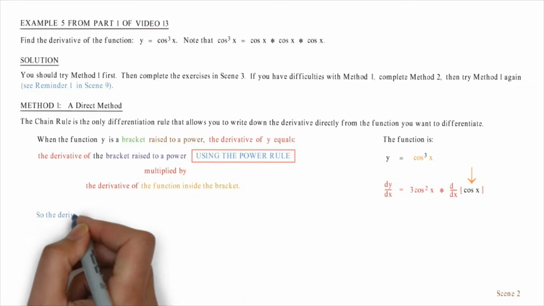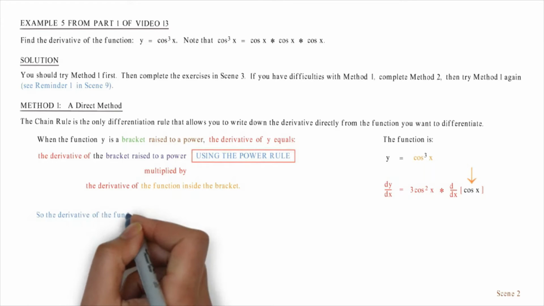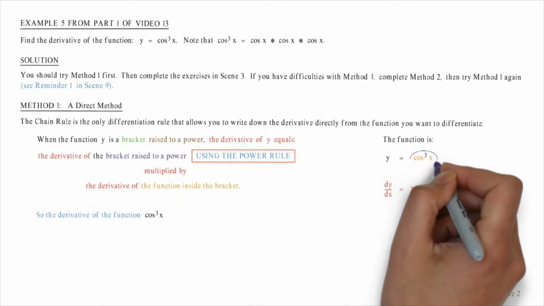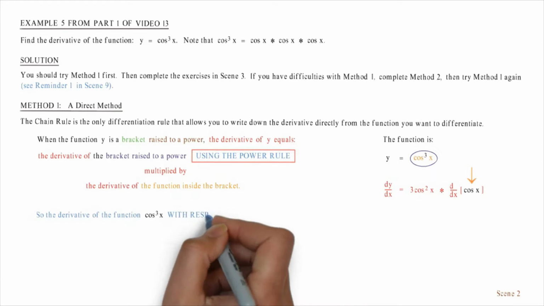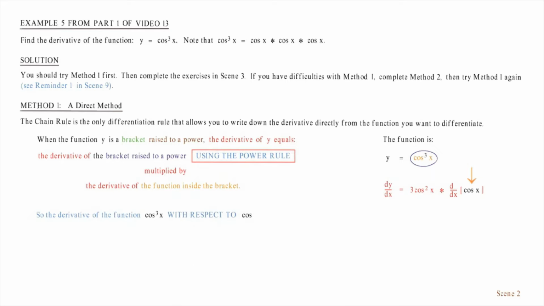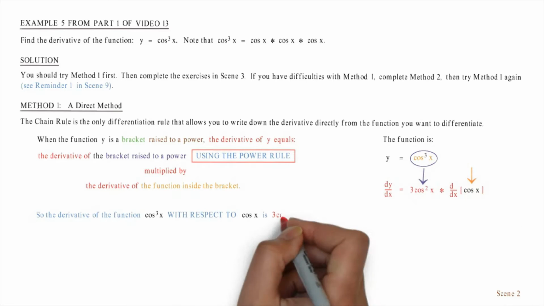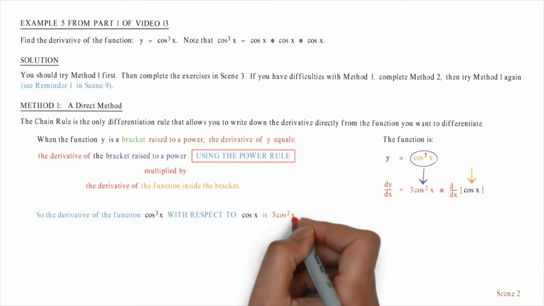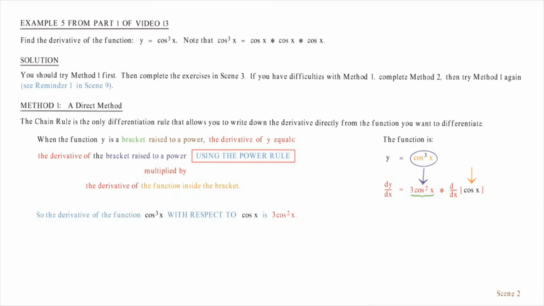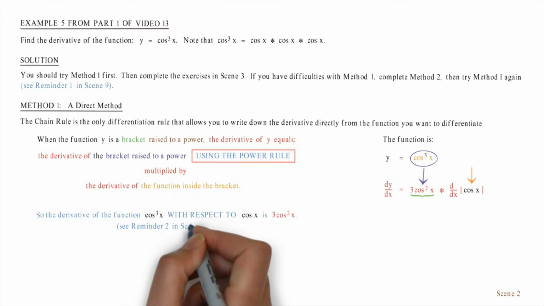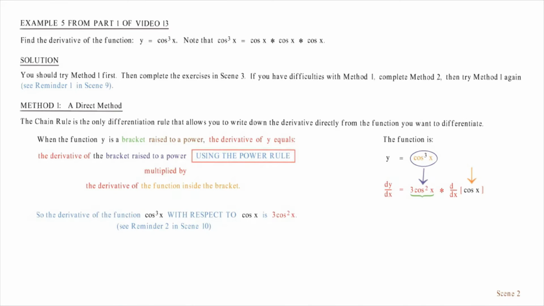So the derivative of the function cos cubed x with respect to cos of x is 3 cos squared x. See Reminder 2 in Scene 10.